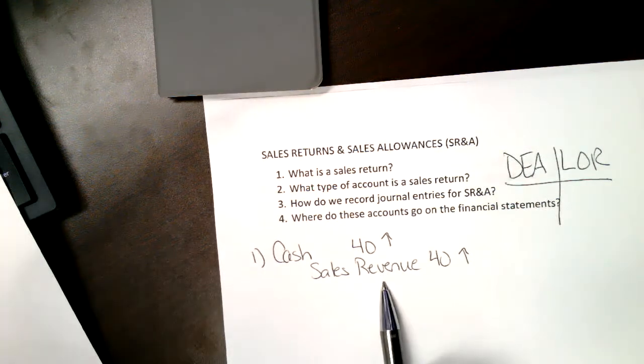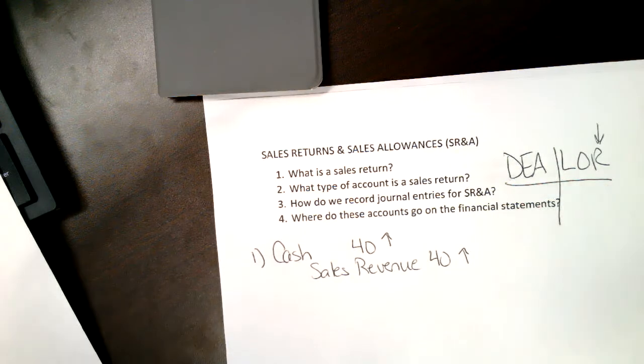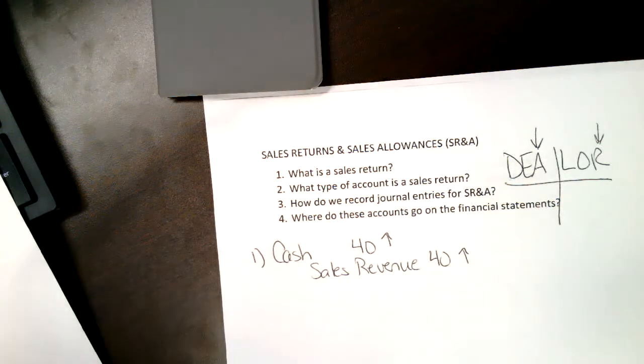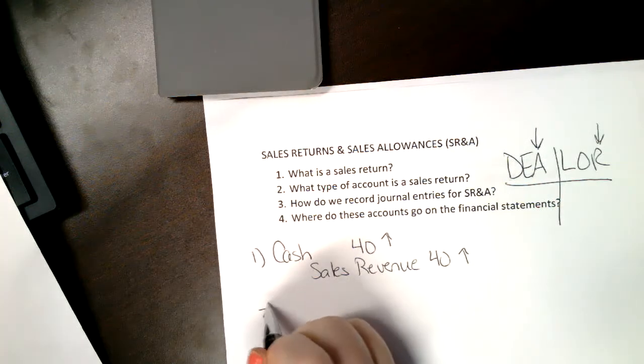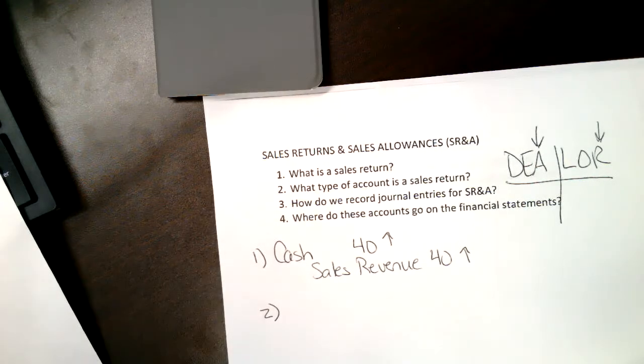The reason we had a credit to the revenue account is because here's revenue over here on the right. That's how we increase it. The reason we had a debit to the cash account is because that's an asset, and it's over here on the left, or debit side. Okay, but then you, the customer, turn around and want to bring those jeans back. What happens?